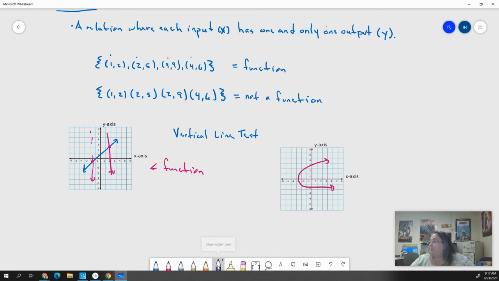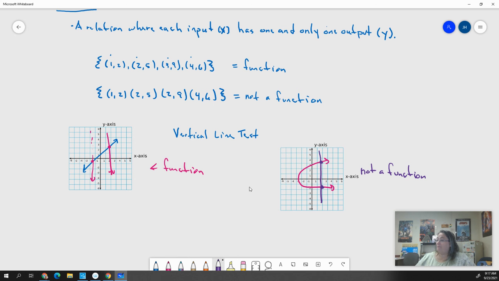If I drop a line into that, it's crossing in two spots, right? Not a function. Circle, not a function. Square, not a function. Ellipse, not a function, right? Certain things you can look at and automatically see that they're not a function.